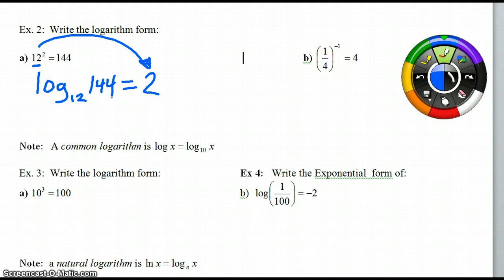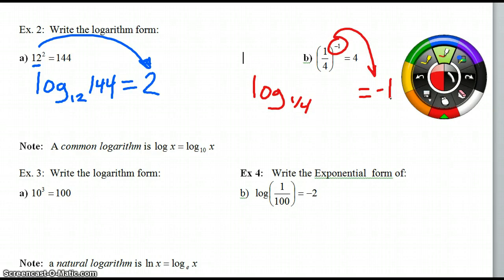So the base can be anything. Exponents can be positive, negative. So how am I going to translate this? I'd write log. I just move down a little bit and put my base. I like to put my equal sign first. And on the other side of the equal sign is where our exponent goes. And what's left is the argument, and that goes in that slot.